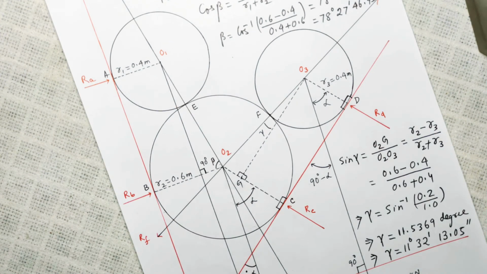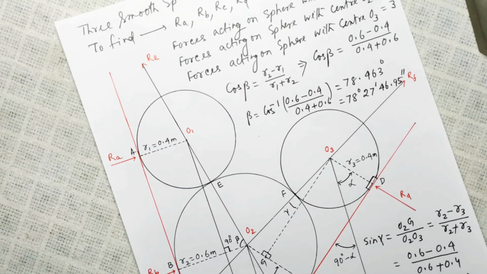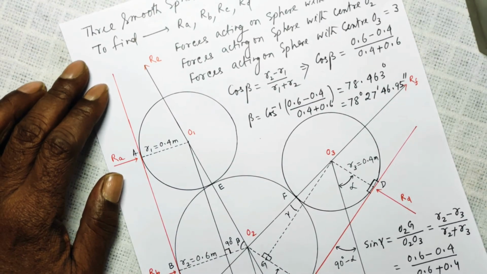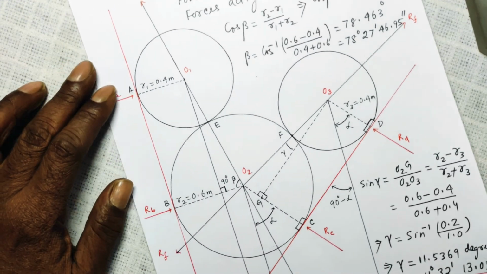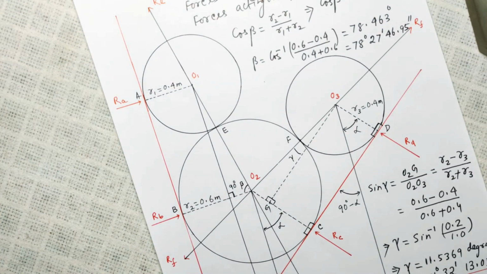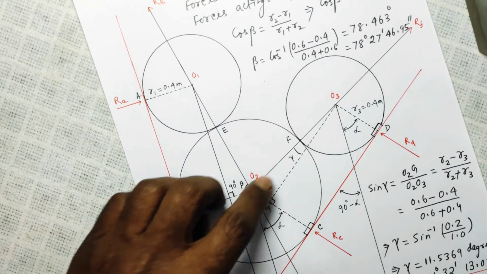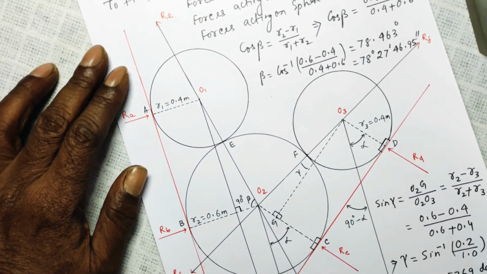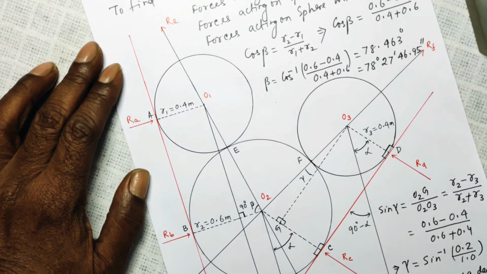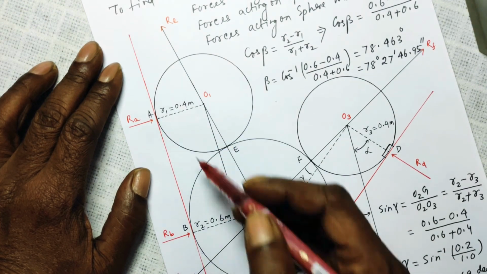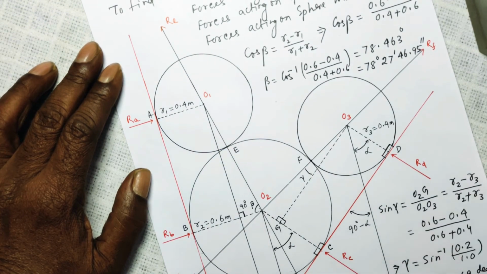Let me now explain: three smooth spheres with centers O1, O2 and O3. Let us name their centers: this as O1, this as O2, this as O3. So what you have to find is the reaction force here, here, here and here.